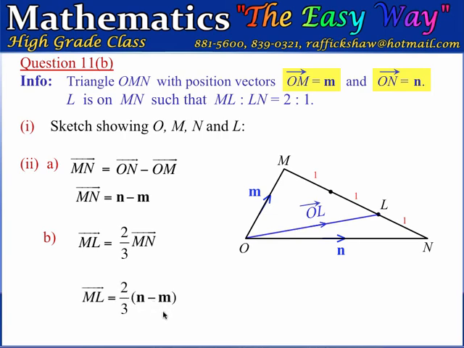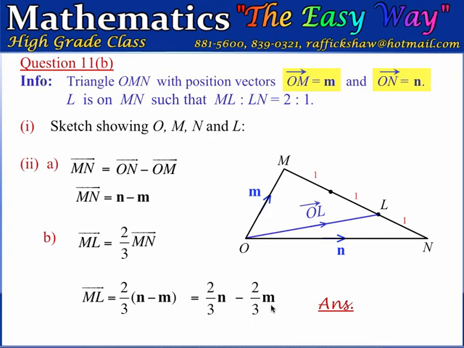And we can expand this to isolate the components n and m such that the result is 2/3 n minus 2/3 m. That is 2/3 multiplied by n minus 2/3 multiplied by m. And so the vector ML is 2/3 n minus 2/3 m. And that's the answer for that part.